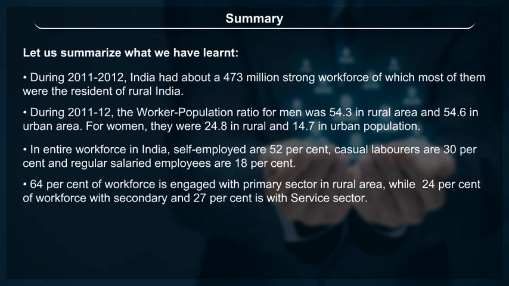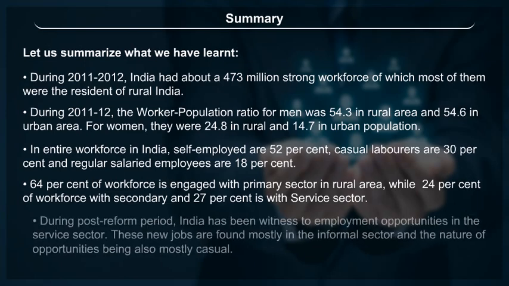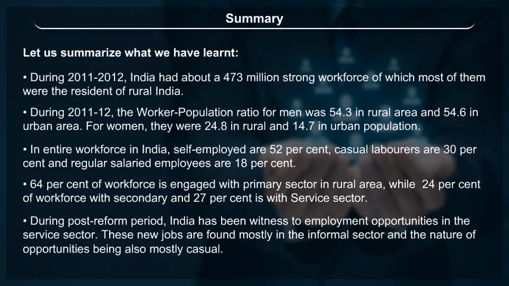64% of the workforce is engaged with the primary sector in rural areas, while 24% of the workforce is with the secondary and 27% is with the service sector. During the post-reform period, India has witnessed employment opportunities in the service sector. These new jobs are found mostly in the informal sector and the nature of opportunities is also mostly casual.